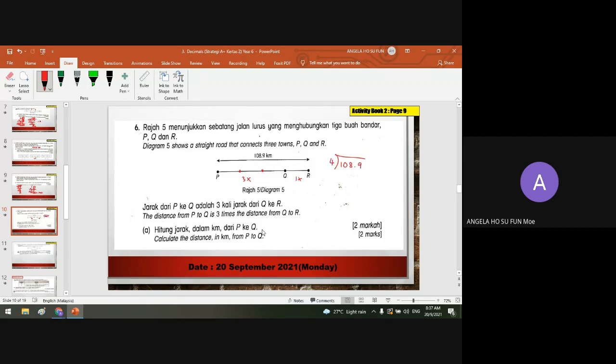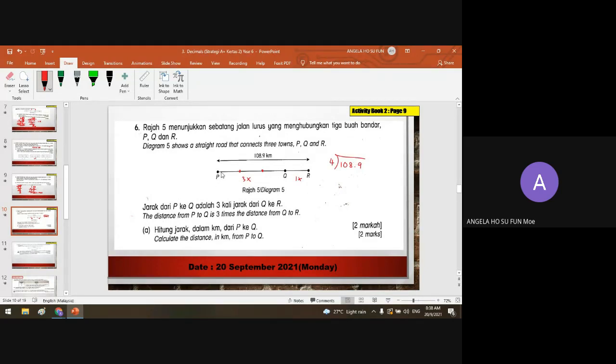Why do I divide by 4 and not 3? Because from the beginning until the end there are 3 parts plus 1 part, altogether 4. Look at the diagram. I hope you understand. So I find 1 part first. That is not the answer yet.